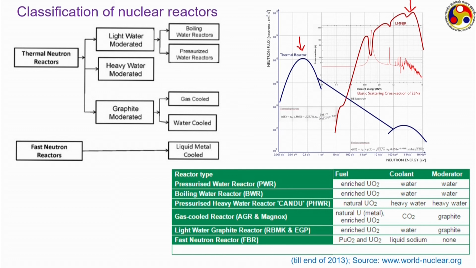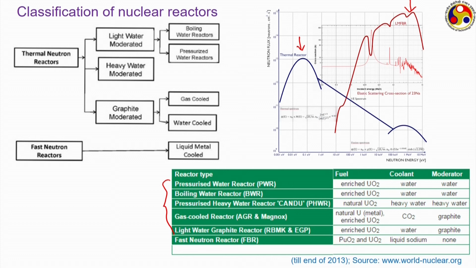As mentioned here, we can have generally 6 types: pressurized water reactor or PWR, boiling water reactor or BWR, then pressurized heavy water reactor, gas cooled reactor, light water graphite reactor, and also the fast neutron reactors. Out of these, the first 5 are actually thermal neutron reactors, because they use thermal neutrons to induce the fission reaction, but the last one, that is the fast neutron reactor, uses fast neutrons to induce the reaction.